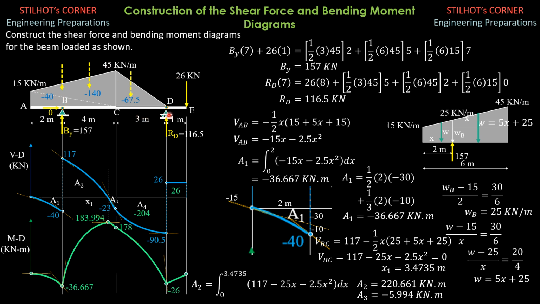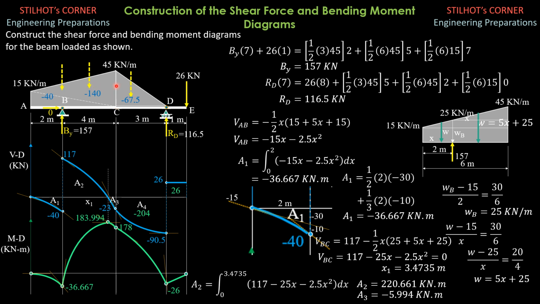So summation of moments about D equals 0, Bx is 0, so By times 7 clockwise positive plus 26 times 1 is equal to this area, 1/2 of 3 times 45. The moment arm is 2/3 of 3, 2 meters, plus 1/2 of 6 times 45.